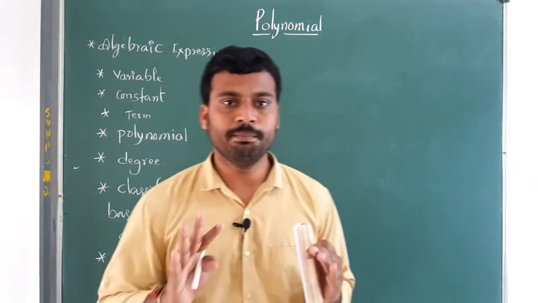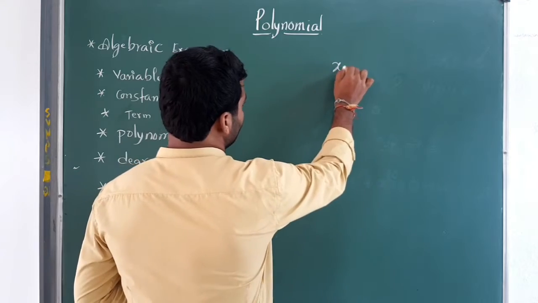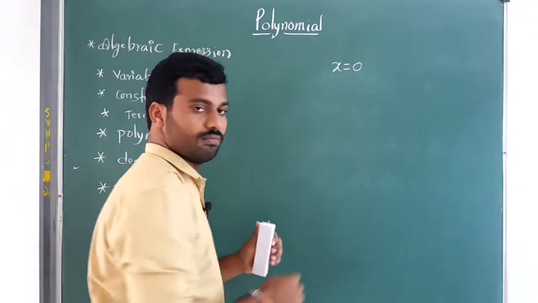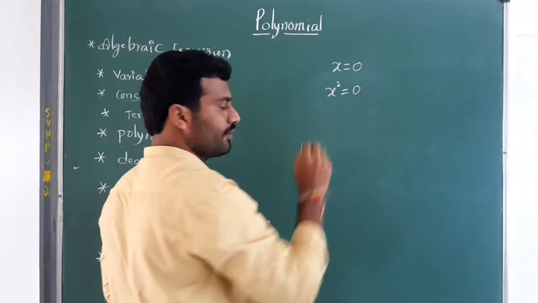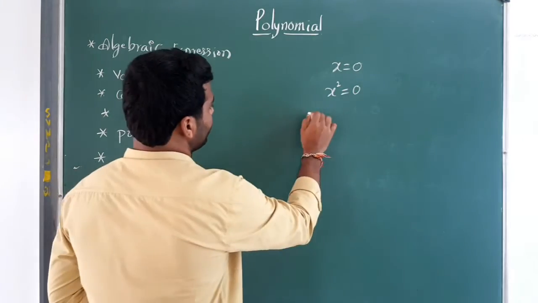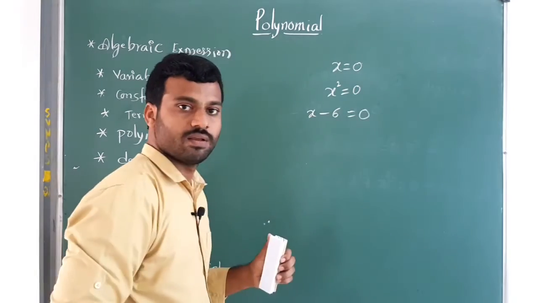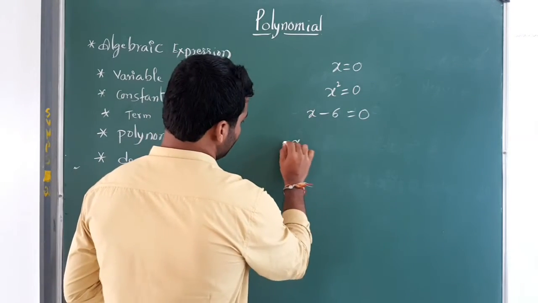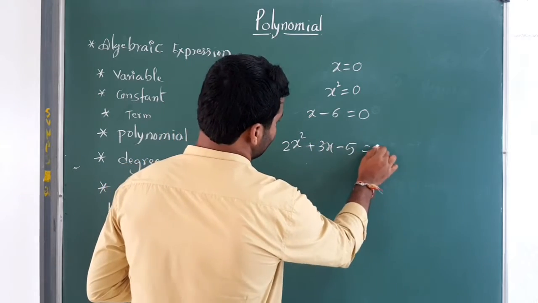Very simple. Suppose I take one example, x is equals to 0 or x square is equals to 0, anything you can take. One more I will take, x minus 6 is equals to 0 or else 2x square plus 3x minus 5 is equals to 0.